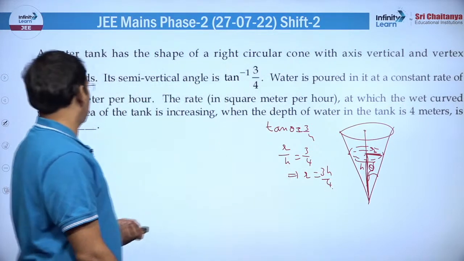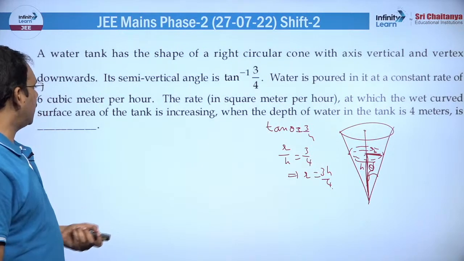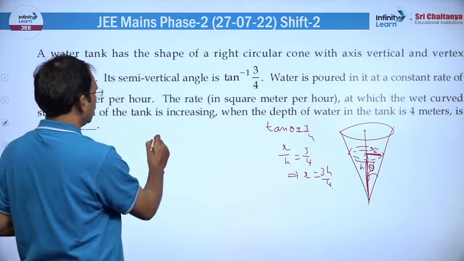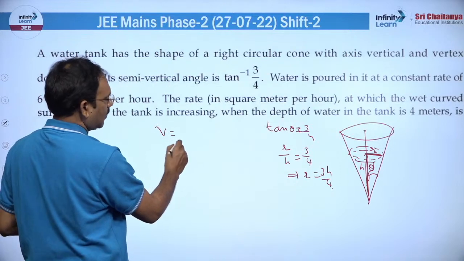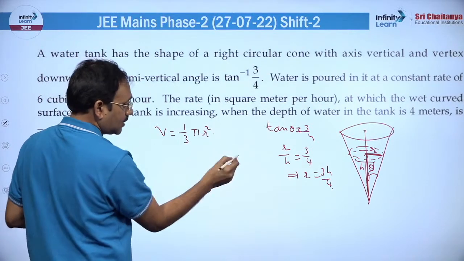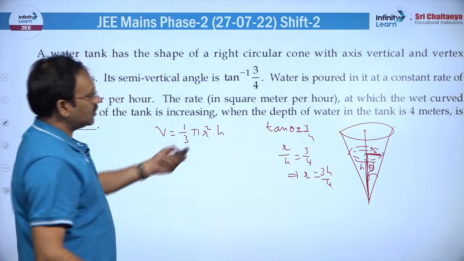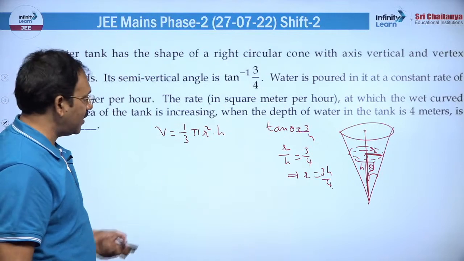Now, he said the water is poured at a constant rate of 6 cubic meter per hour, meaning volume. Volume you can write as 1/3 pi r square h. He is asking for the depth, so eliminate r.